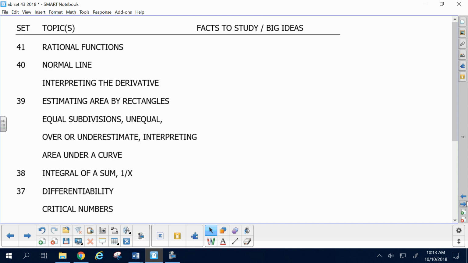Whether you pay attention to this or not, this is what I would focus on for the test. When I make a test, I look at the objectives on my notes, and I write the problems based on seeing if you met the objectives. First thing is, I think it says on the top it's through 42. That's not true.